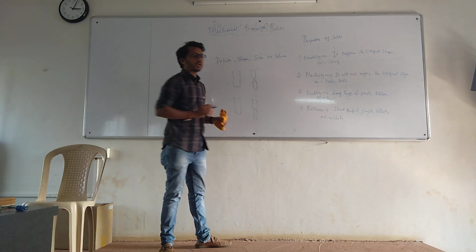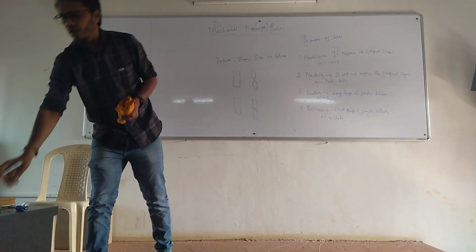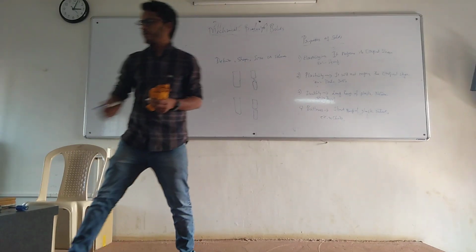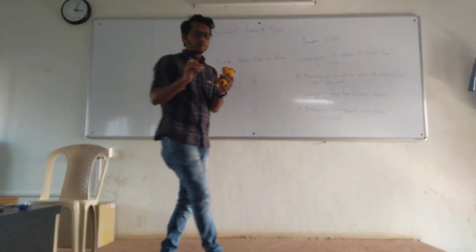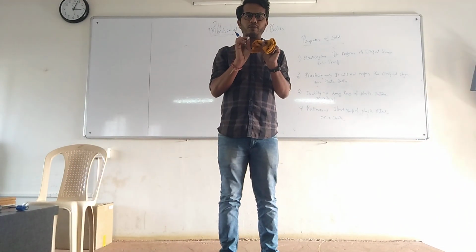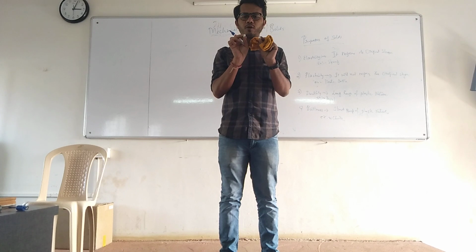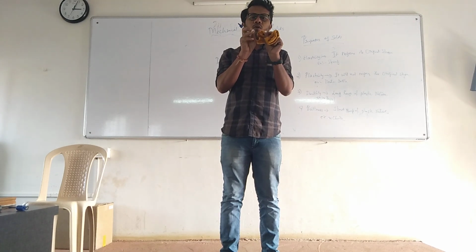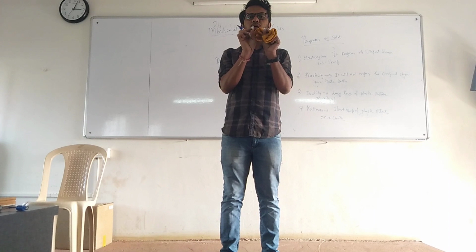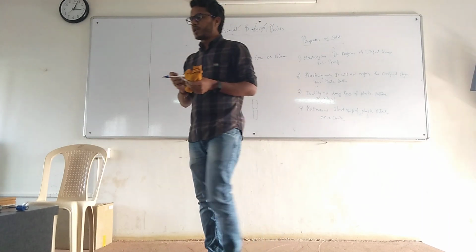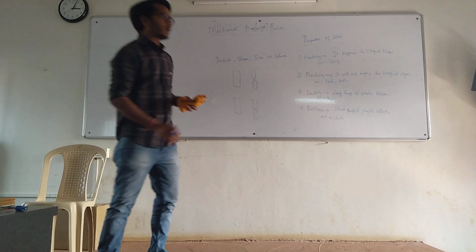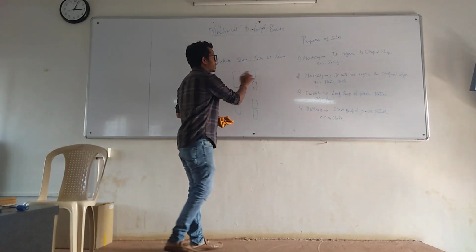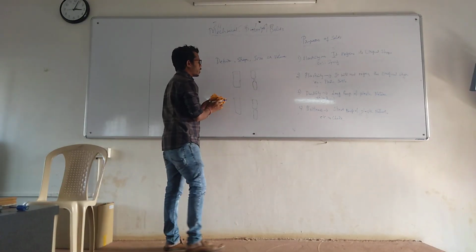So it will break like this. For example, as I already told, the chalk, after applying the load, will suddenly break. It has a short range of plastic nature, and there is no deformation at the breaking point. But a ductile material will show a deformed shape at the breaking point.